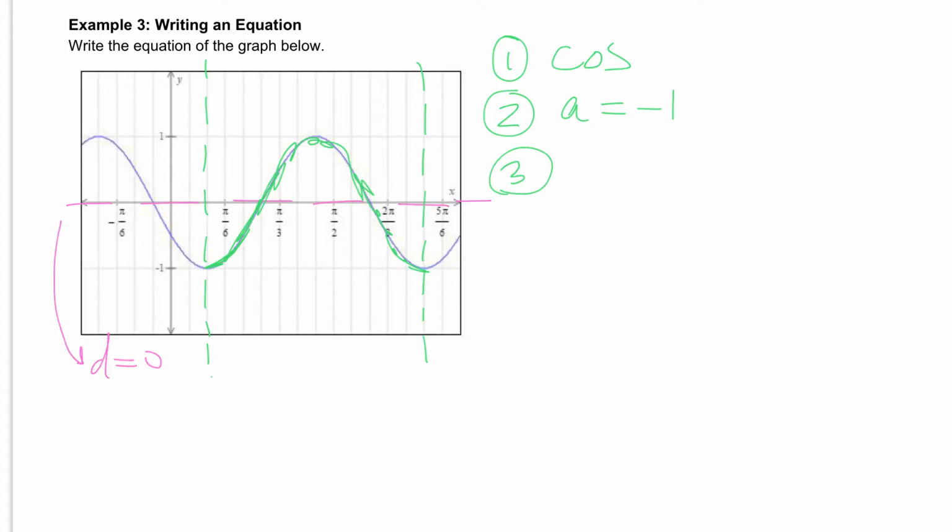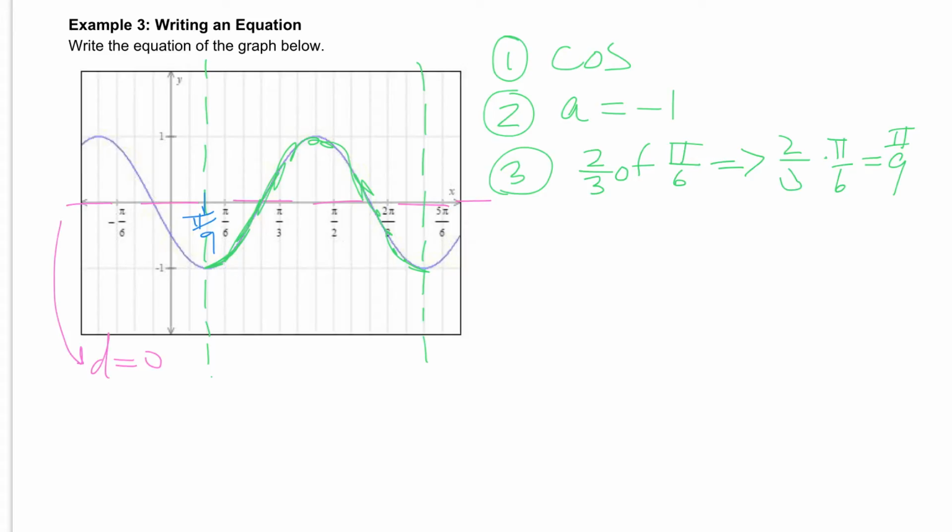So to find C, we're taking 2/3 times pi over 6, which is going to give us pi over 9. So this tick mark right here is pi over 9.